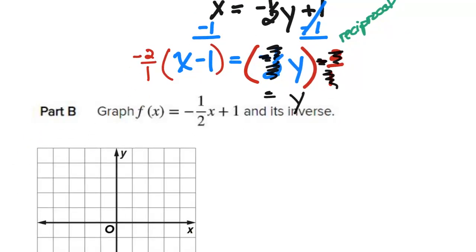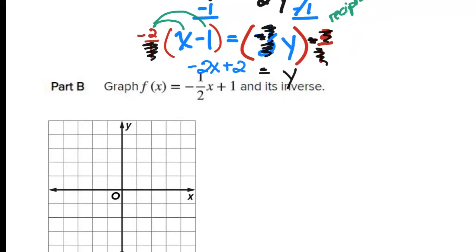And over here, anytime you have a negative 2 over 1, you don't really need that 1. It's just negative 2. So you are going to distribute that negative 2 and get negative 2 times x, and a negative times a negative gives you plus 2. And you're like, hey, I've got y by itself.